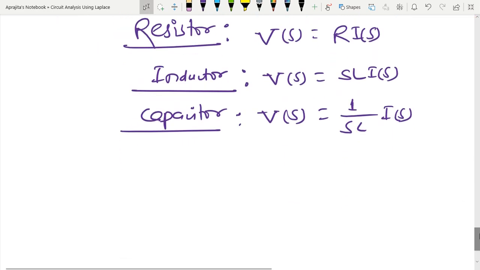So now I am also able to define the impedance. So let us define it.